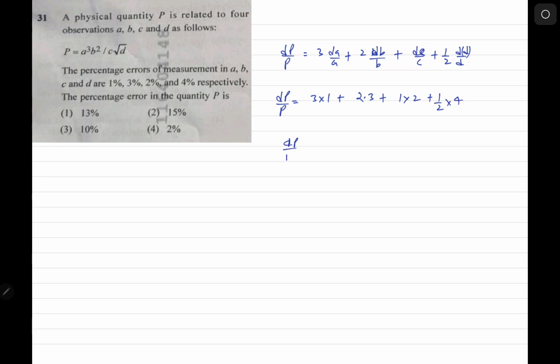Just solve it, multiply by 100: 3 plus 6 plus 2 plus 2. So 3 plus 6 is 9, plus 2 is 11, plus 2 is 13%. So option 1 is correct. Let's move to the next question.